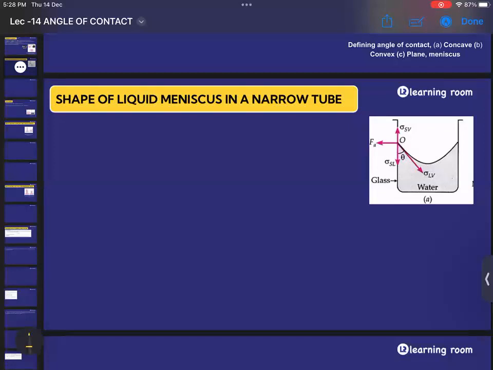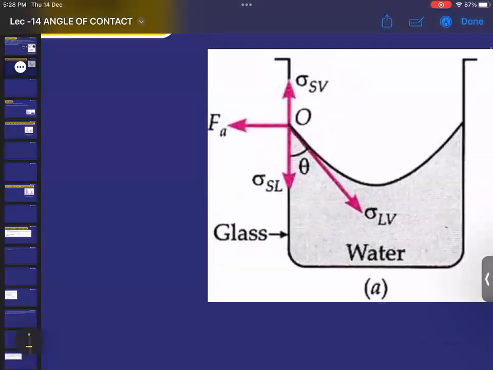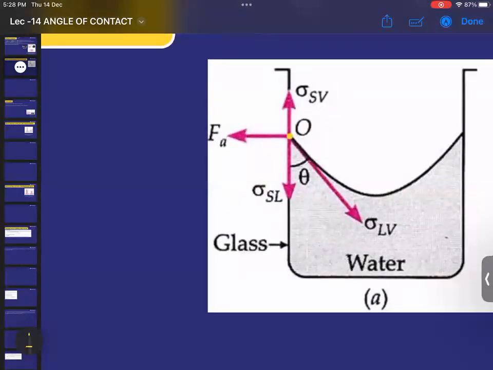You're only going to understand how this angle of contact can be related to the different forces existing in the system. Okay. Now listen carefully. Shape of liquid meniscus in a narrow tube. That is a heading. Now see, this diagram is there. At this point, my interest of study is only at point O. If you observe at point O, I am able to draw a tangent here, right?